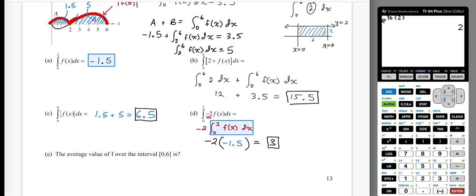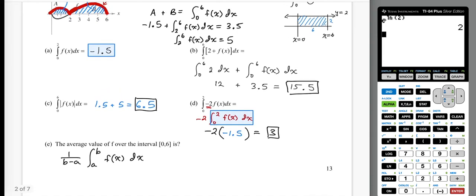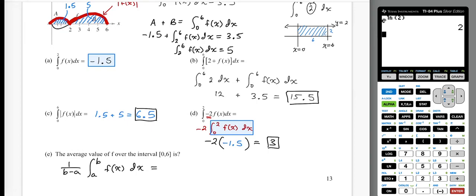The formula, though, is 1 over b minus a. That's the length of the region, multiplied by the integral over the interval of a to b of f of x dx. So in this context, it would be 1 over 6 minus 0, so this is our a, this is our b, from 0 to 6 of f of x dx.